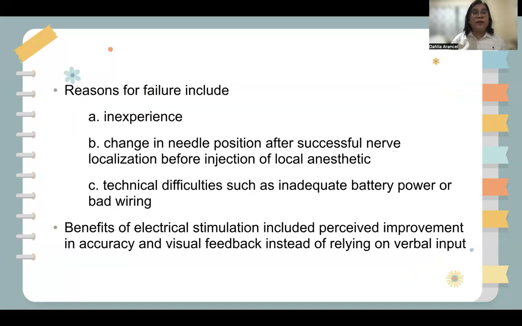But there are reasons for failure, and these include the following: inexperienced operator, change in needle position after successful nerve localization before injecting the local anesthetic, and technical difficulties such as inadequate battery power or bad wiring. Benefits of electrical stimulation include perceived improvement in accuracy and visual feedback instead of relying on verbal input.